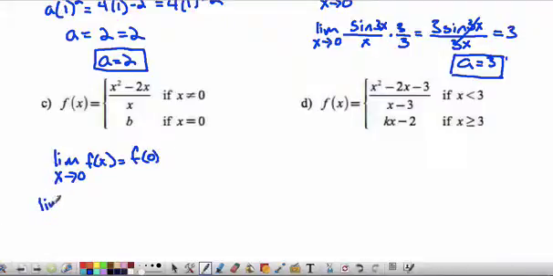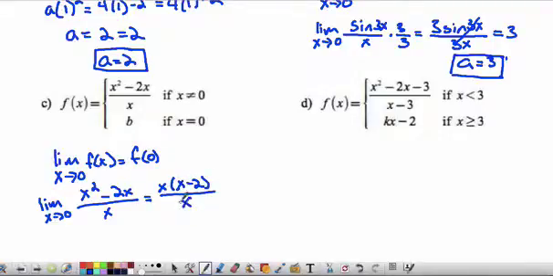So the limit as x approaches 0 of x squared minus 2x all over x, and I'm going to go ahead and simplify this. I'm going to pull out an x, and now I have x minus 2 all over x. These cancel out. Then I can plug in a 0 here.